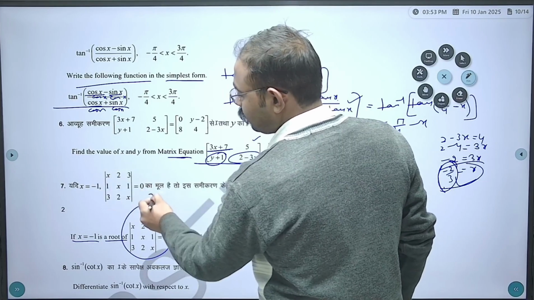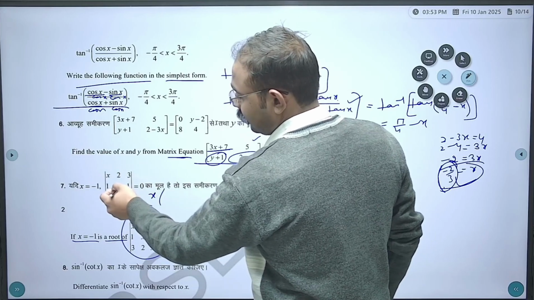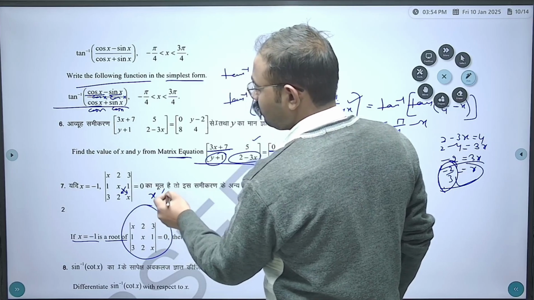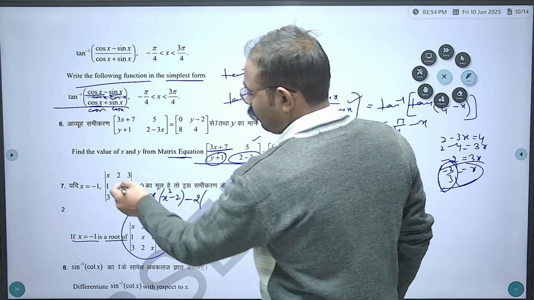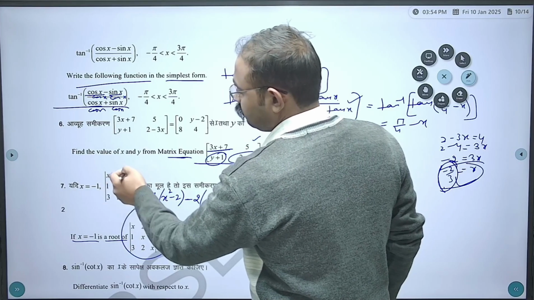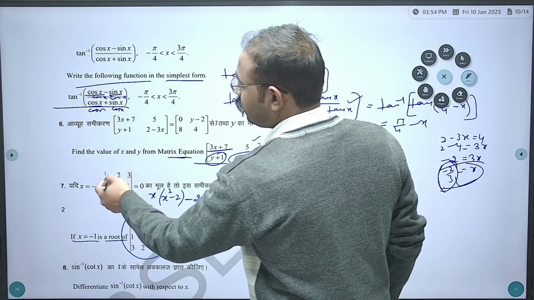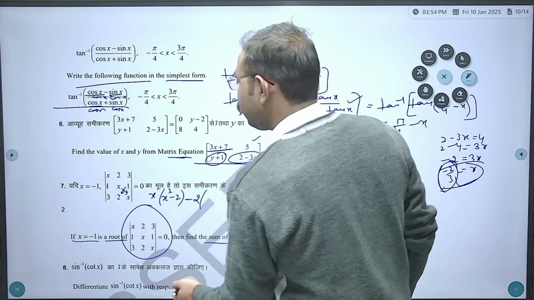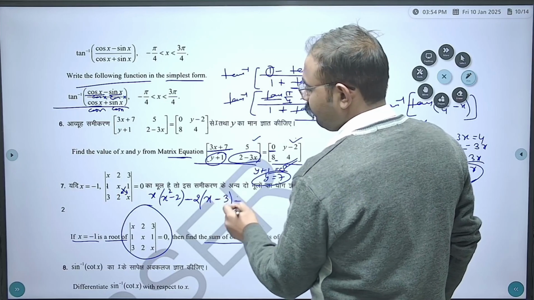Firstly x, by leaving this first column and first row, x into (x square minus 1 into 2), minus 2, second column and first row. We will eliminate these elements, the remaining are 1, 1, 3 and x, then 1 into (x minus 3) plus 3.